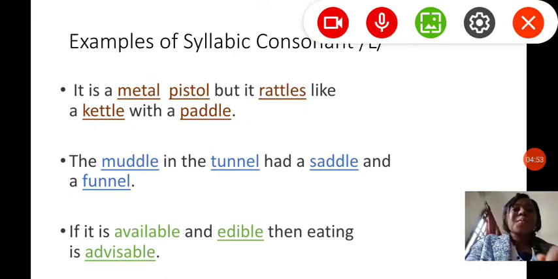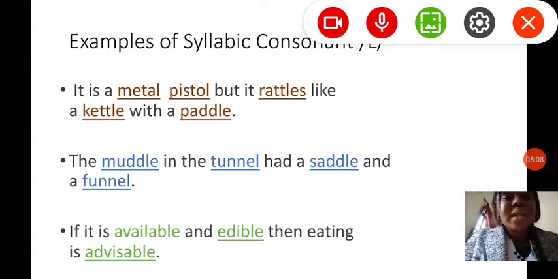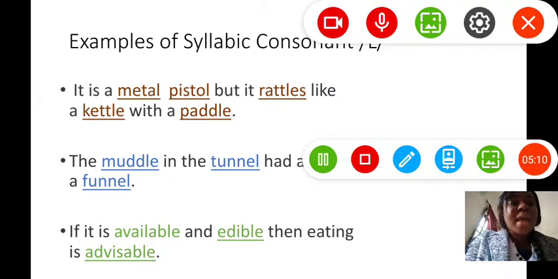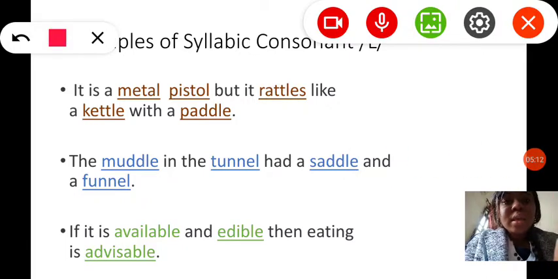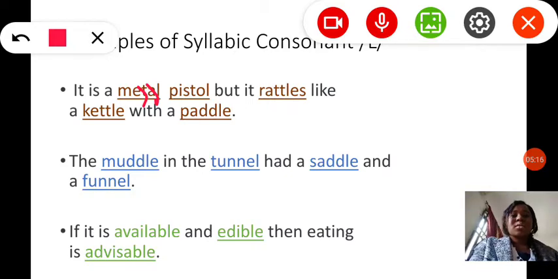It is a mental pistol, but it rattles like a kettle with a paddle. You see, we can't say mental with a schwa. That would be wrong. This l here is a syllabic consonant. Automatically, the schwa sound that should have been there becomes insignificant.